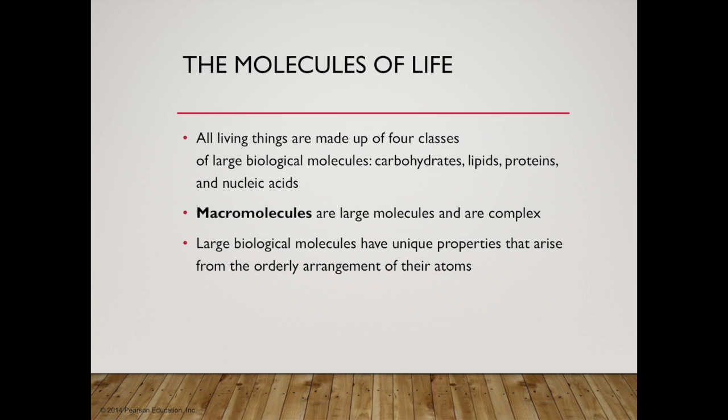Okay, so we've talked about the kinds of atoms that make up most of our bodies, of all living things, and we can take all of those carbon, hydrogen, oxygen, and nitrogen atoms, throw in a few others, and we find that they are arranged in all living organisms, for the most part, into four broad categories: carbohydrates, lipids, proteins, and nucleic acids.